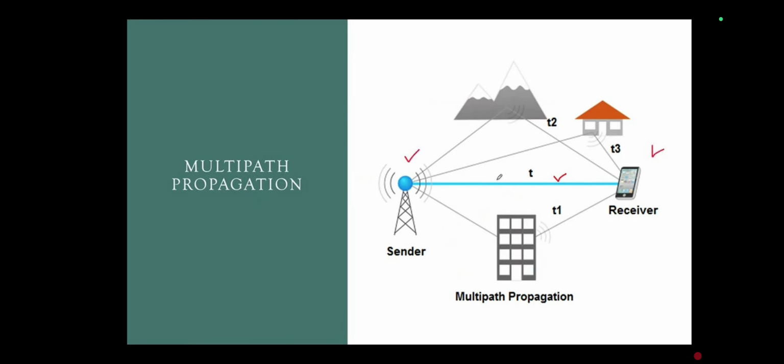These steps are known as multipath propagation. It crosses various obstacles and, through them, reaches the receiver. This is known as the multipath propagation of signals.